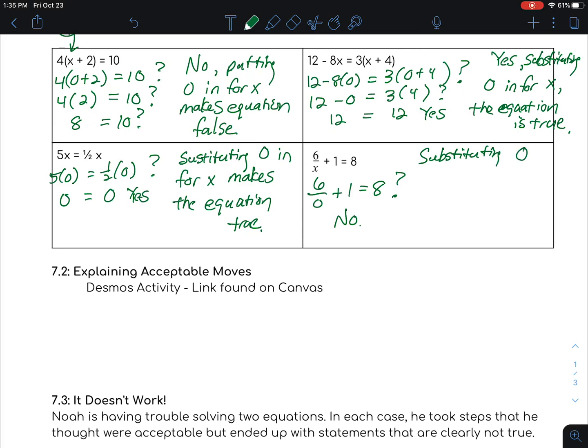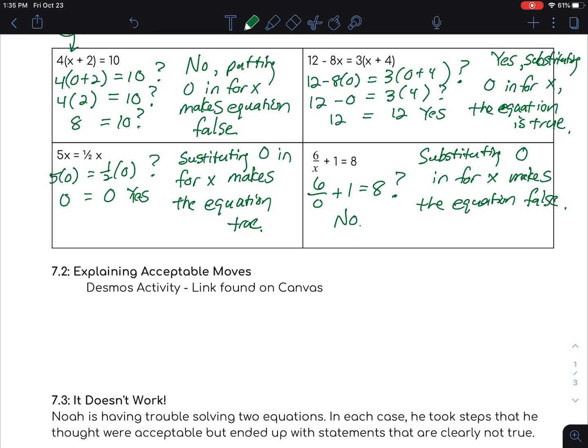Substituting 0 in for x makes the equation false. All right, you cannot divide by 0. Try it. Type that in your calculator, 6 divided by 0. You cannot divide 6 into 0 parts. So it will not work.